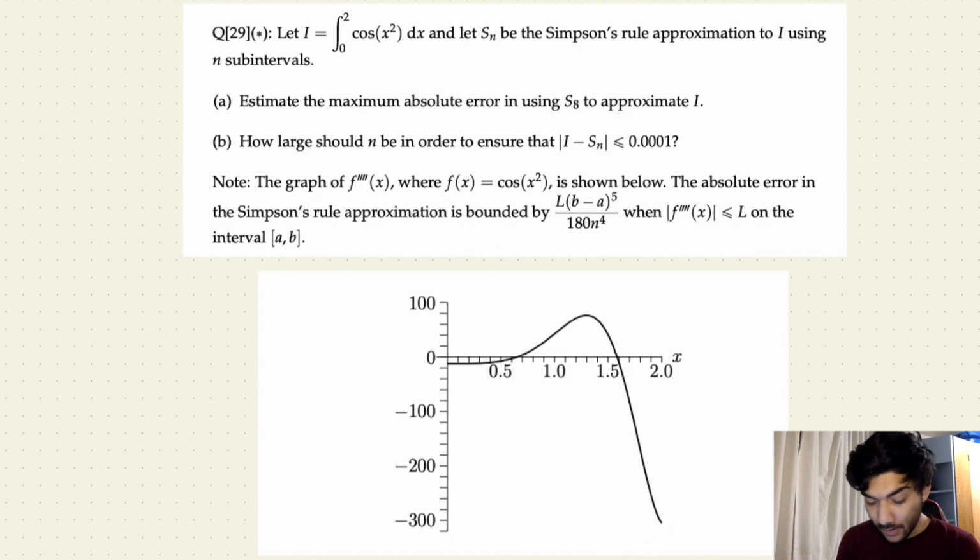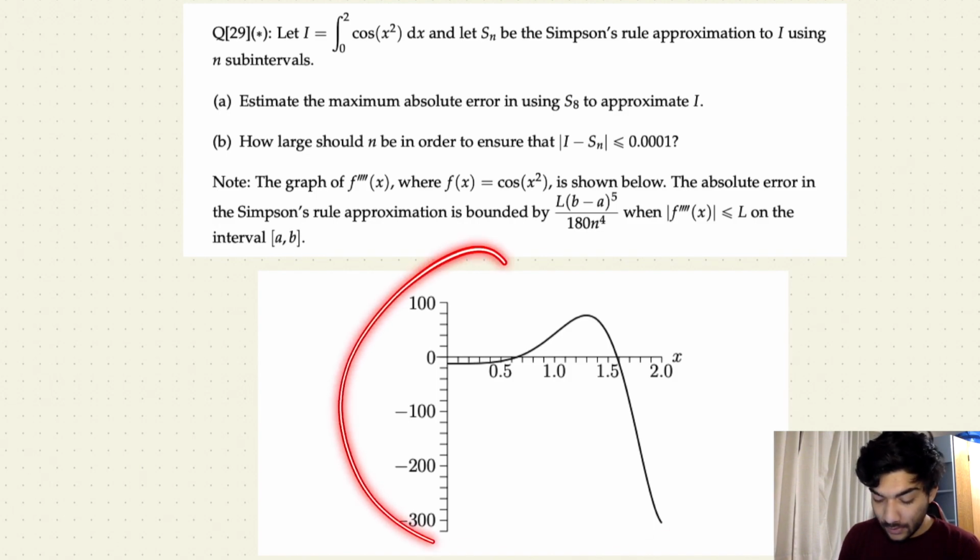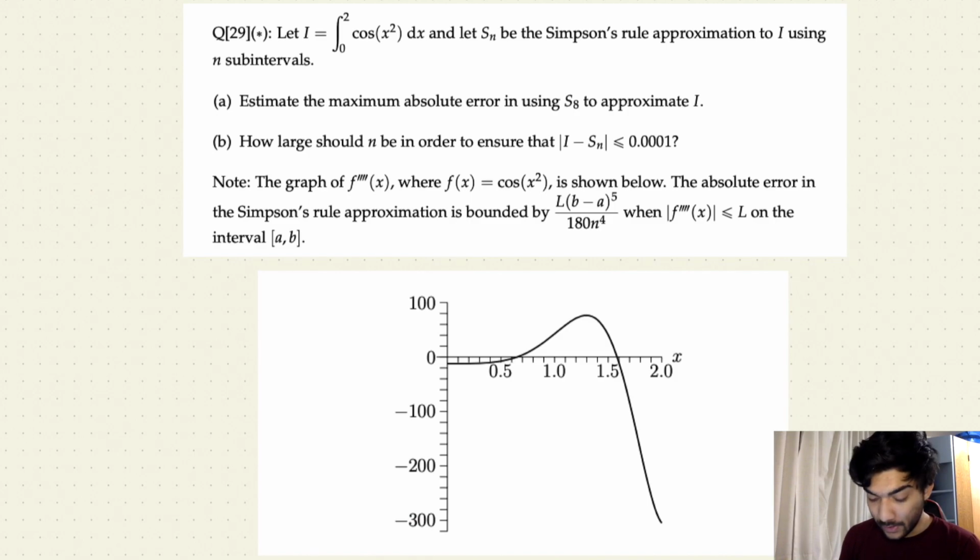So we'll have to figure out what the extremas of this graph are, right? There are two extremas over here, based on the interval where x lies between 0 and 2. Based on this interval, we have one extrema at minus 310, and the second extrema is when this is equal to 90, right?